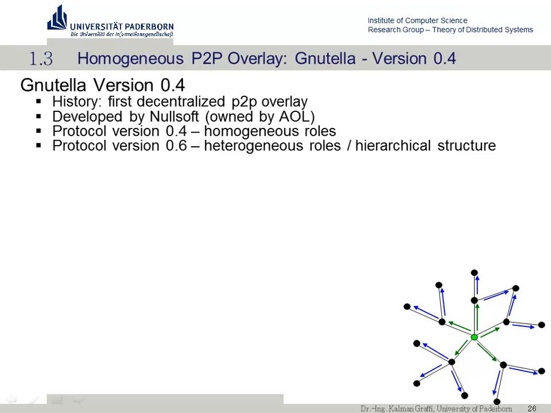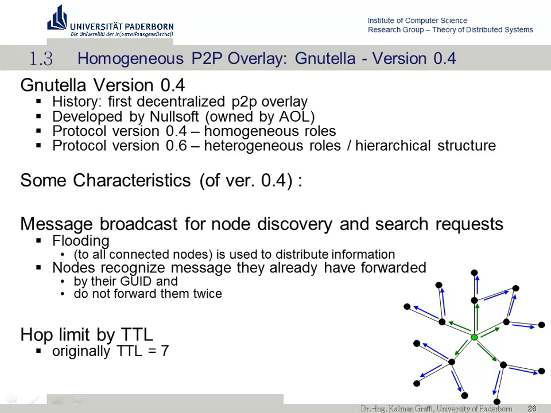And there are two versions, basically 0.4 and 0.6. The one has homogeneous roles where all the nodes are equal, and in the second one, 0.6, they introduce some heterogeneous roles. They could also use some servers for that. That we will see. So first, starting with 0.4.